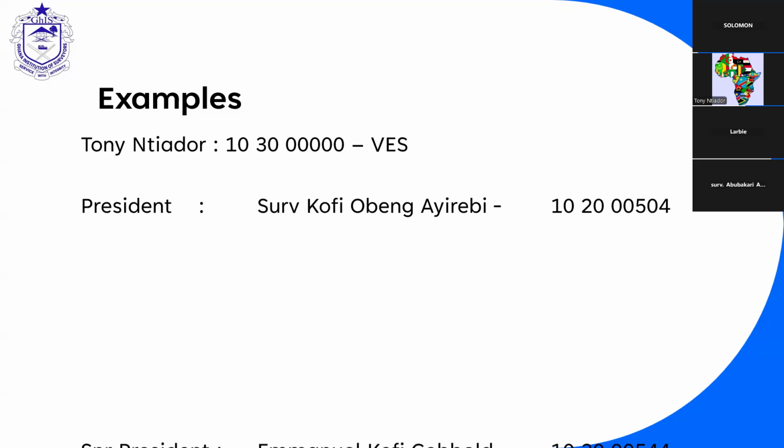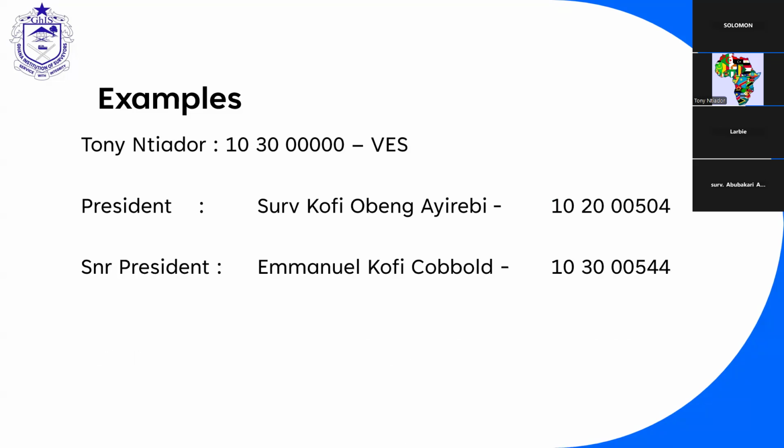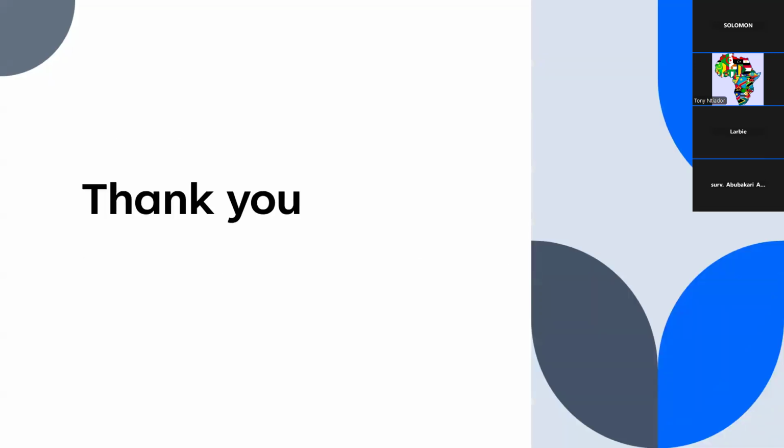In the same way, if you go to the senior vice president, whose diploma number is 544, 3 digits as well, and being a professional member will be 10, being a VS member will be 30, and then when you put it within the 5-digit band, it becomes 00544. If we decide that it should go to the 6-digit band, it becomes 000544.